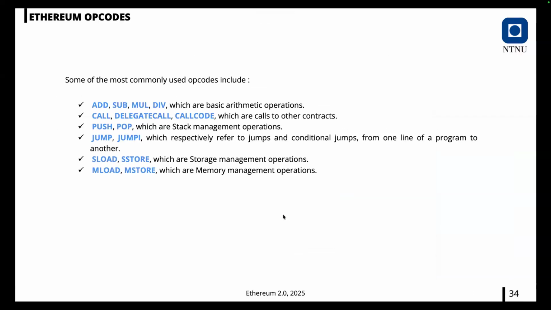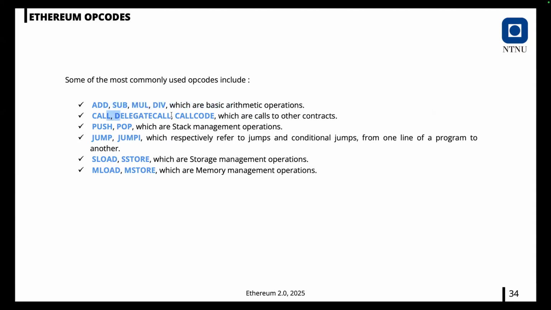Similar to any assembly, like Java Virtual Machine assembly, .NET assembly, or x86 assembly, there are certain operations and instructions, and they are very similar. So in EVM, you have certain basic operations.